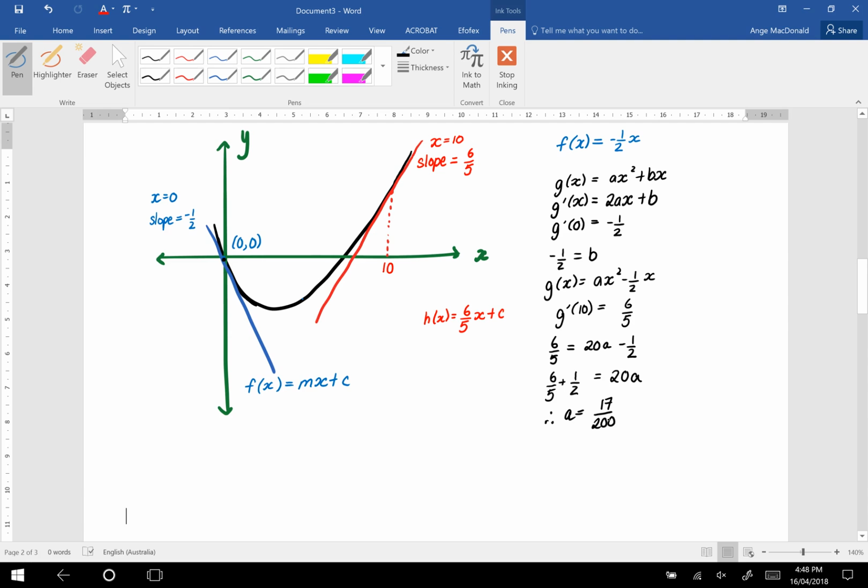And now we've got our g of x function. So g of x is 17 over 200 x squared minus a half x.